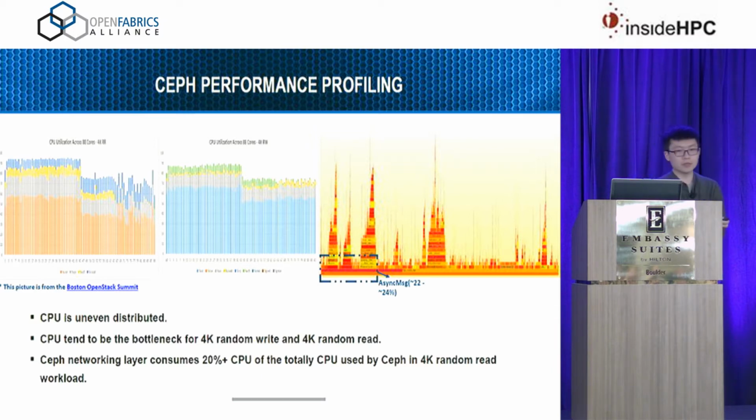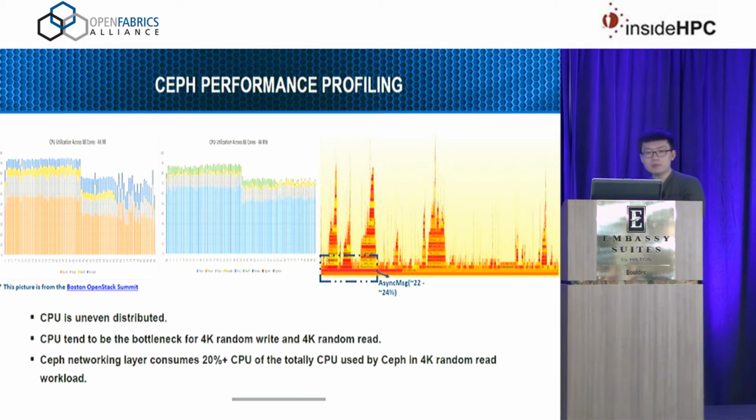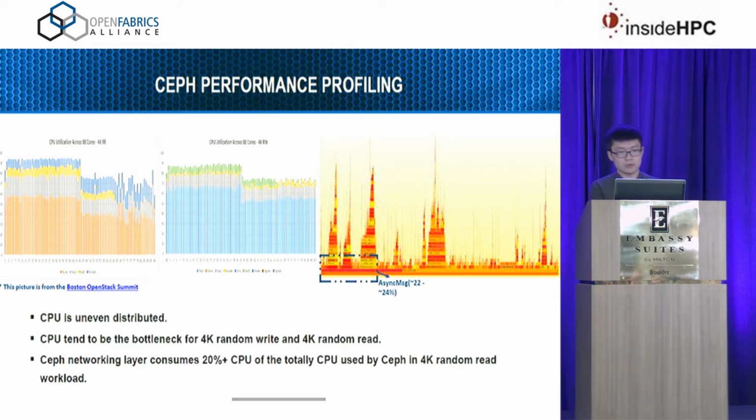You can see from the left chart, the CPU tends to be the bottleneck in the 4K read workload. Some of the cores have CPU utilization lower than 80%, but some cores are close to 100%. For 4K read-write, it is the same situation.